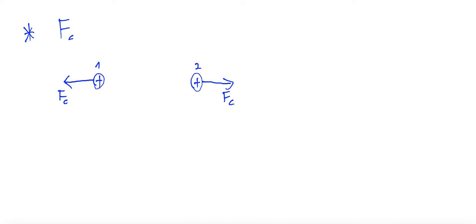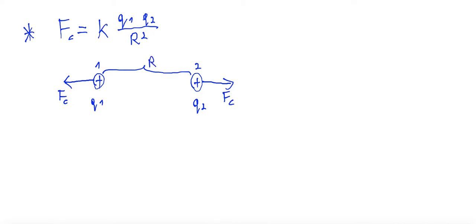opposite direction. Mathematically, we can write that Coulomb's law is about interaction, and that force between 2 point charges is equal to the constant called Coulomb's constant, charge 1 times charge 2, of course charge 1 is the charge of the first, charge 2 is the charge of the second, divided by the squared distance between these point charges.